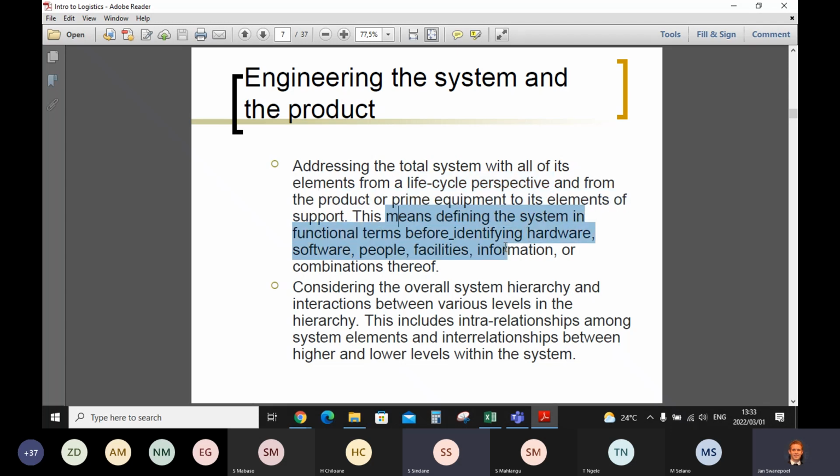This means defining the system in functional terms before identifying hardware, software, people, facilities, information, or combinations thereof. There's a very important part there. This means that the system must be defined in functional terms even before we identify what hardware we're going to use, what software, what facilities, what information we require.